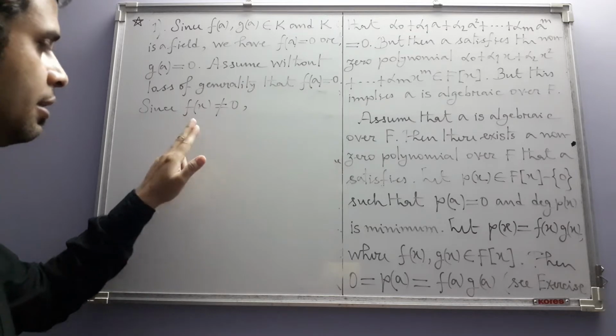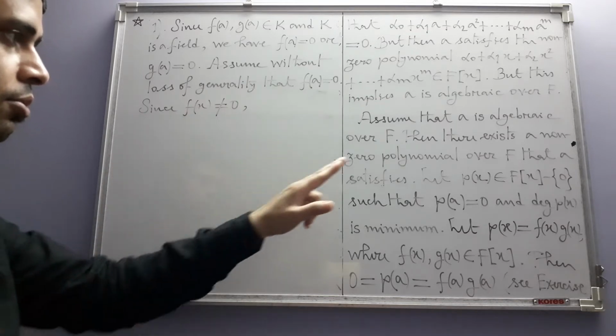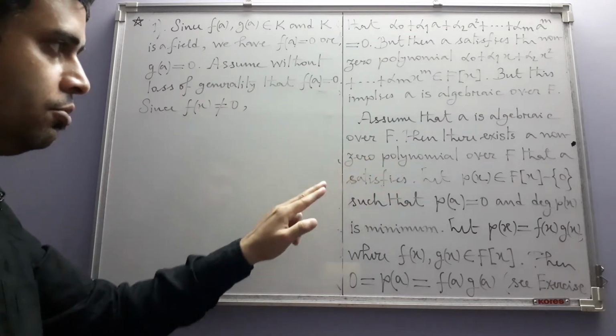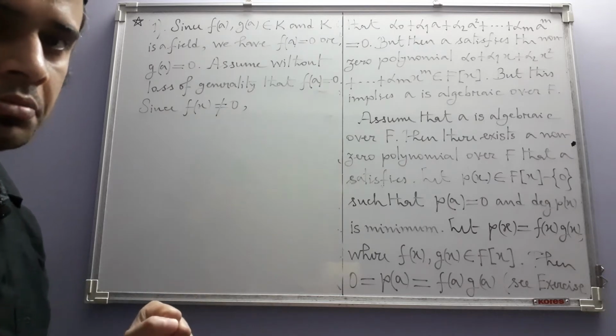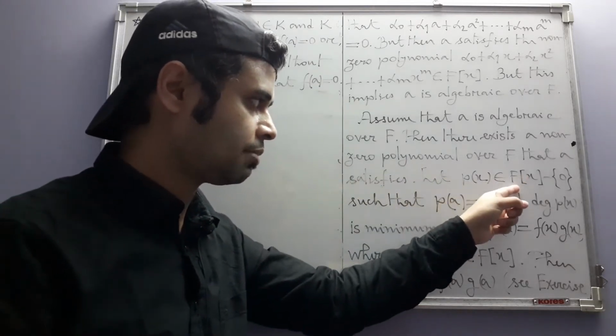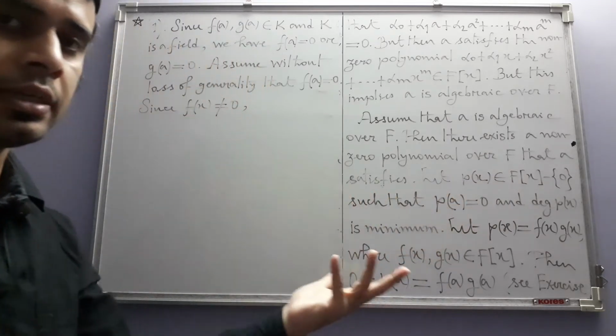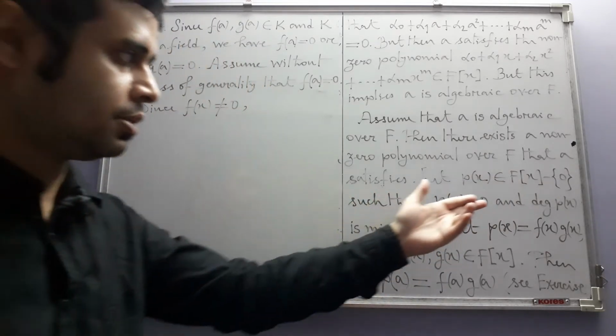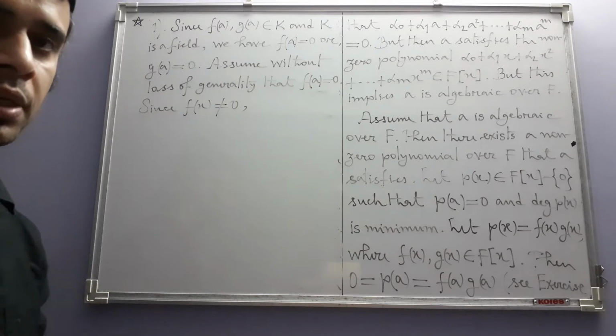Fx is a non-zero polynomial over F which A satisfies, and Px is a non-zero polynomial over F which A satisfies, but also the degree of Px is minimal.